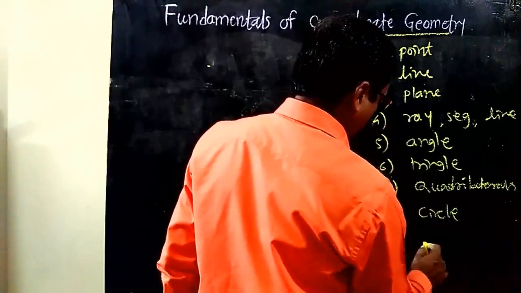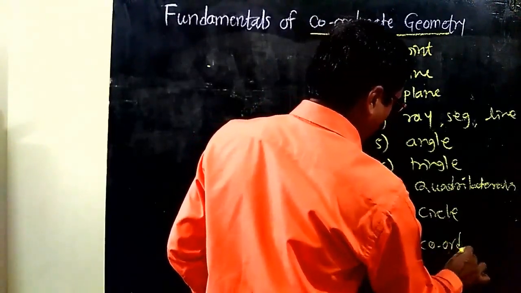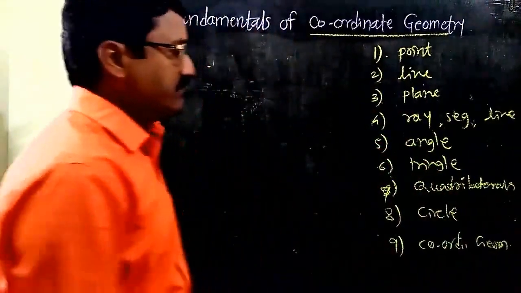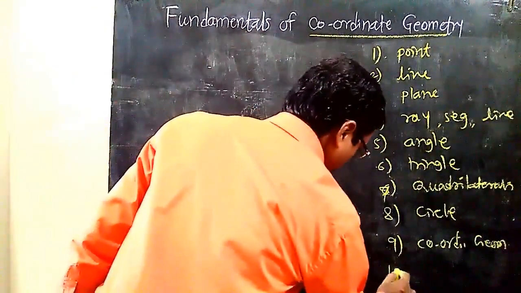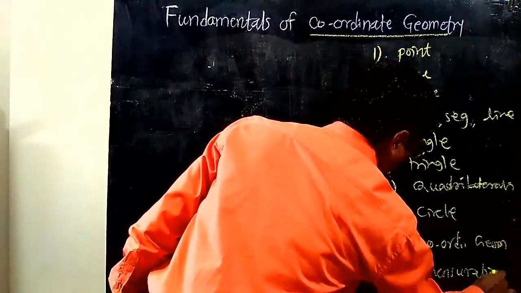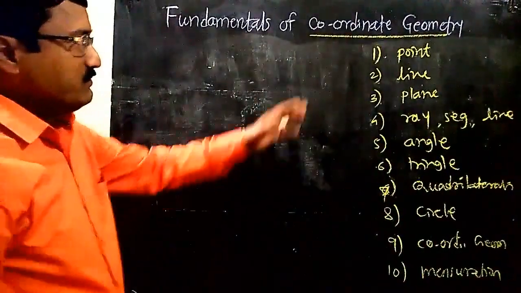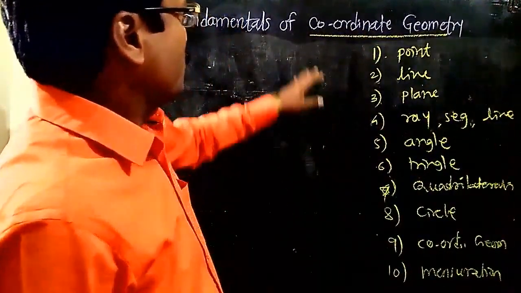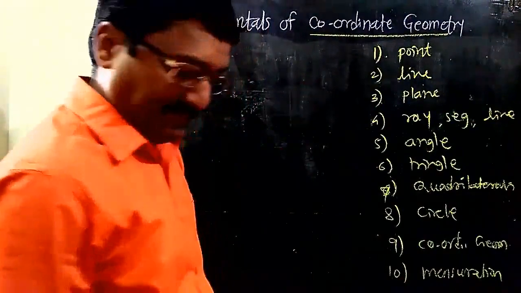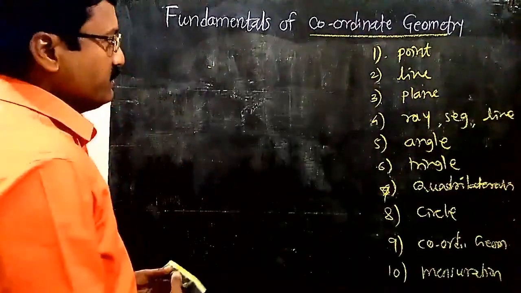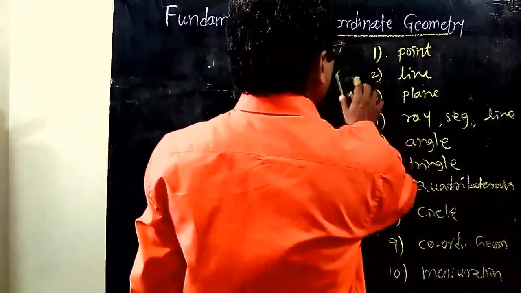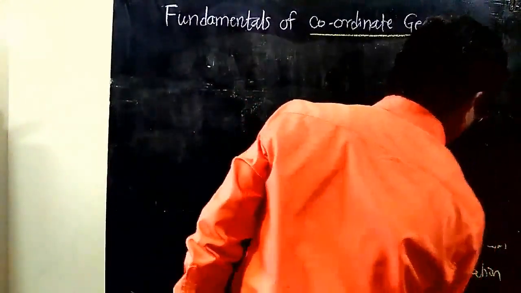And I think the last one will be coordinate geometry. And in geometry, you have studied mensuration also. These are some topics that we have studied in 9th and 10th class of geometry. Now again we will come to the point of our coordinate geometry. Let us come to the point of coordinate geometry.